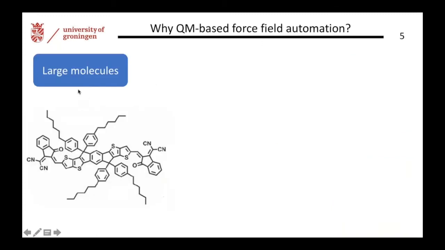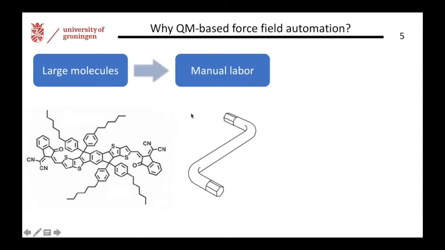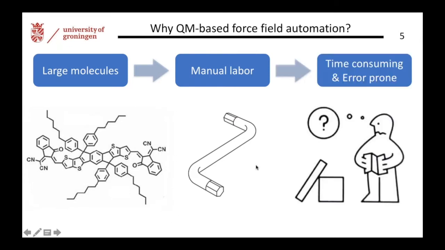As soon as we start encountering large and complex systems where we have chemical environments that were not present in the initial parameterization of these force fields, then we start encountering problems that the atom types no longer match. The existing atom types no longer match the molecule. And when this happens, we are often left to do a lot of manual labor, for example, QM dihedral scans to match these potentials. And whenever there's a lot of manual labor involved, this often tends to be very time consuming and also error prone.